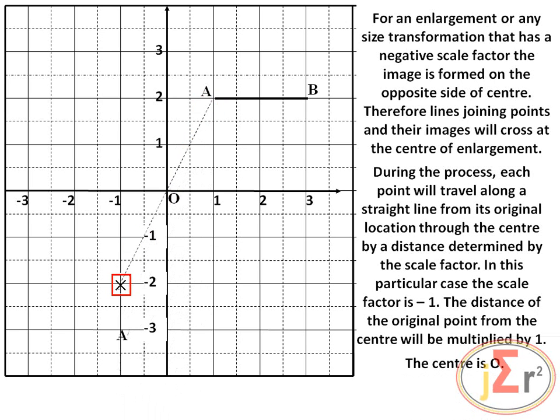It's by the same distance, and that is the image of A. B goes there through the origin, and that is the image of B. So what do we know? If we have a size transformation by a negative scale factor, what will happen?